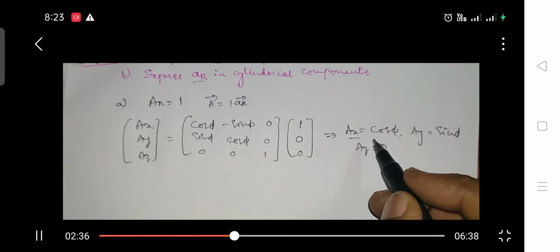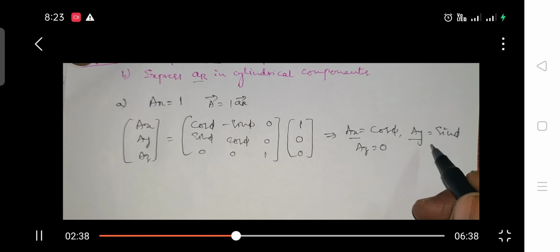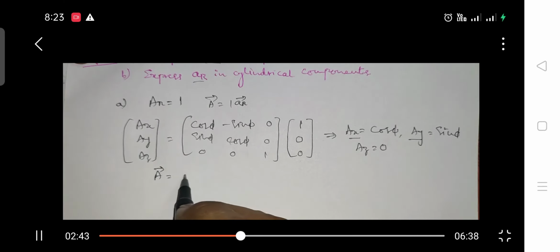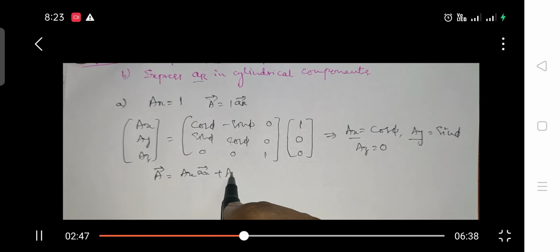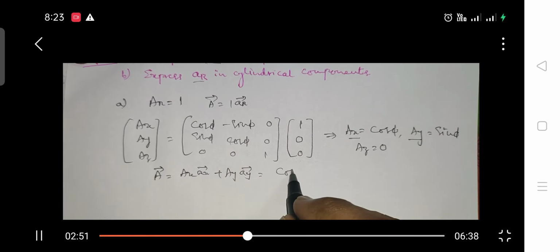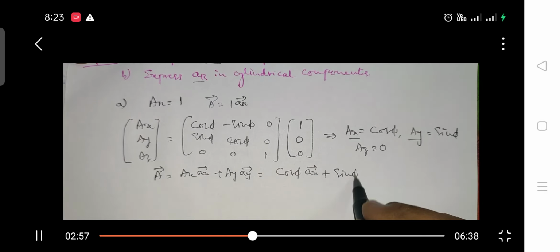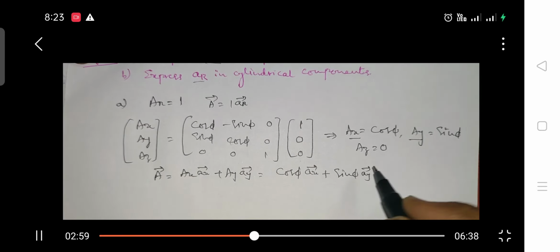So we know the values of AX and AY, hence we can form the vector A bar as equal to AX into AX bar plus AY into AY bar, that is equal to cos phi into AX bar plus sin phi into AY bar.